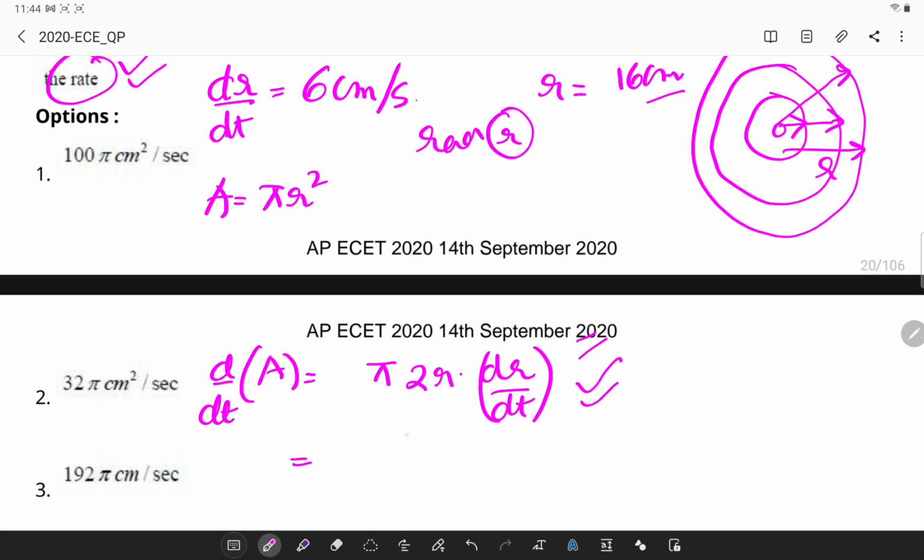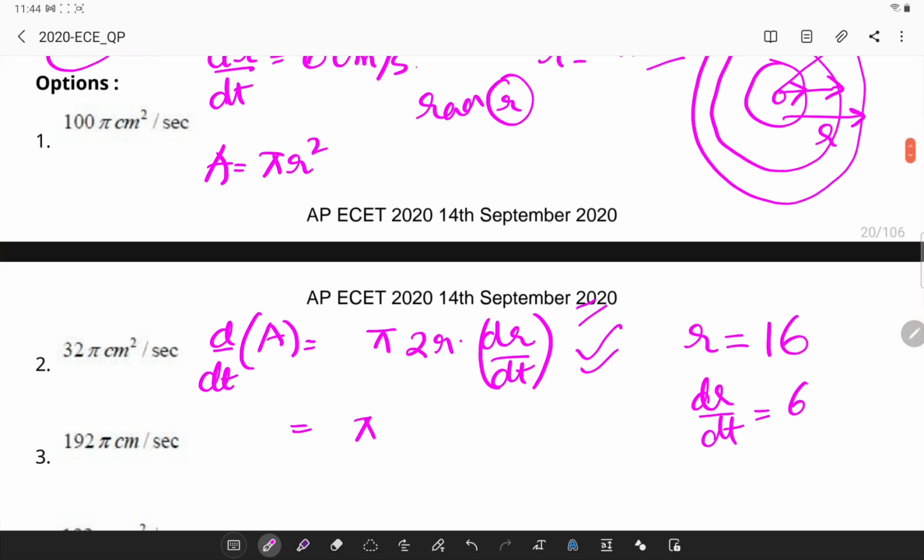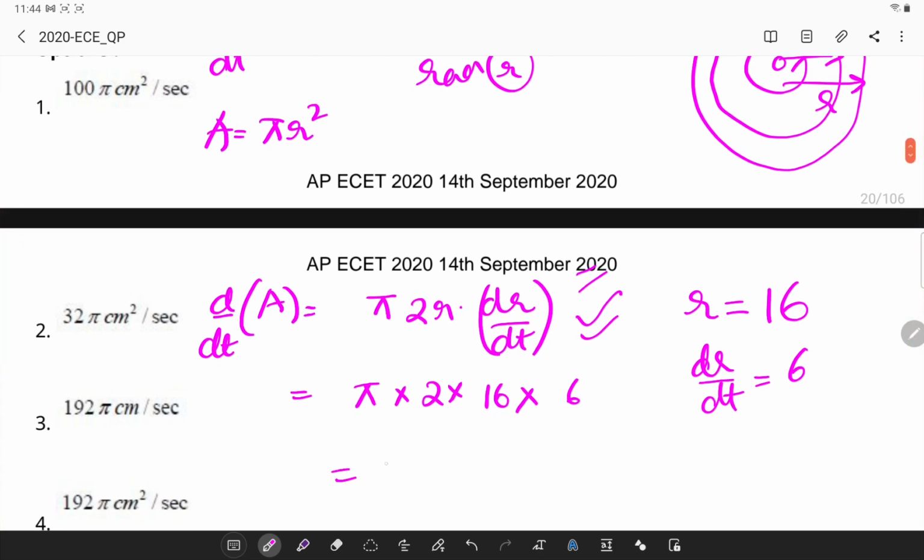In this case, substitute r is equal to 16 and dr by dt as 6. So pi into 2 into 16 into 6, which is pi into 12 into 16, so I'll get 192 pi.